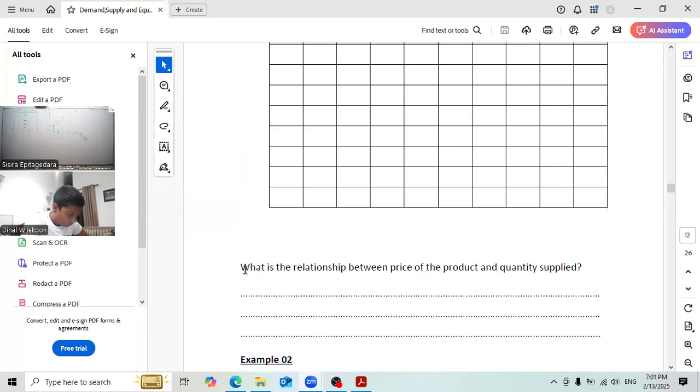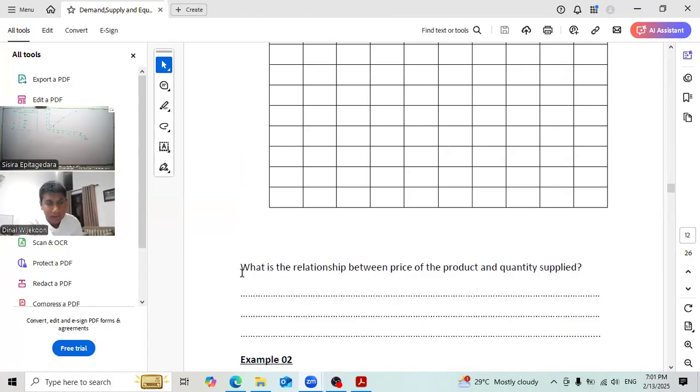Then what is the answer for second question, Dinal? What is the relationship between price of the product and quantity supplied? Actually, we discussed last day as well. When price rises, quantity supplied also rises.